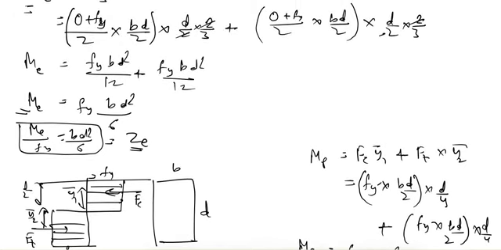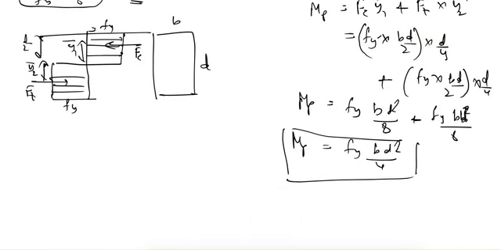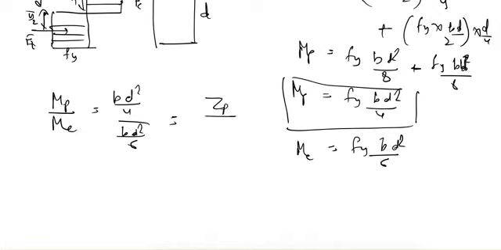and we got our elastic moment as Me is equal to Fy into Bd square by 6. And so from here we can take this ratio, that is M plastic upon M elastic. For this it will come as Bd square by 4 divided by Bd square by 6, which is also equal to Z plastic divided by Z elastic.